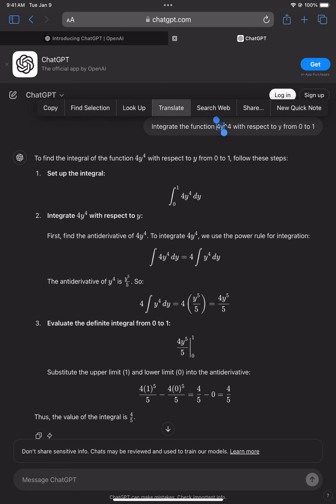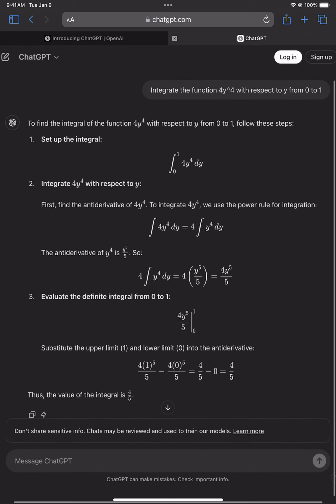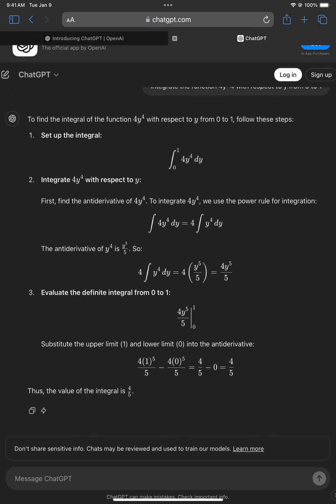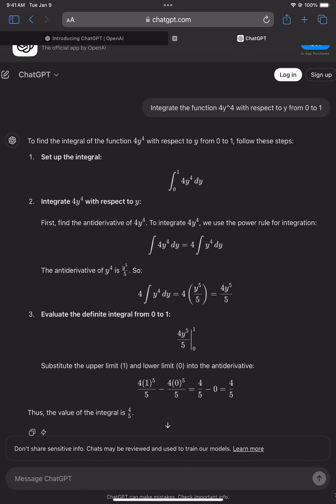I just said integrate the function 4y to the 4th with respect to y from 0 to 1. ChatGPT, of course, gives me this super long response, but the only thing I really care about is the 4/5 at the end. I'll amend that statement: I do care about the work because I would like to quickly check it to make sure that it makes sense, which it does, and it gives us the same answer. You could also do this to find the expected value of y squared, again using ChatGPT as a calculator.